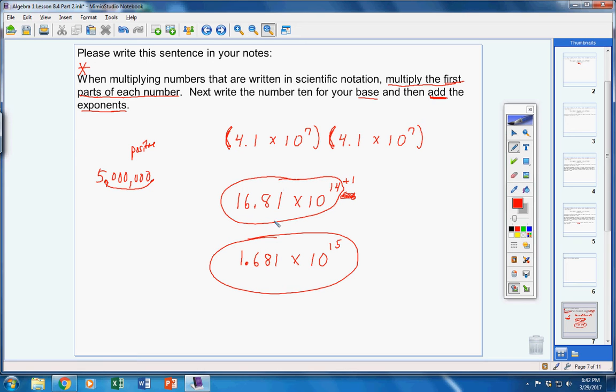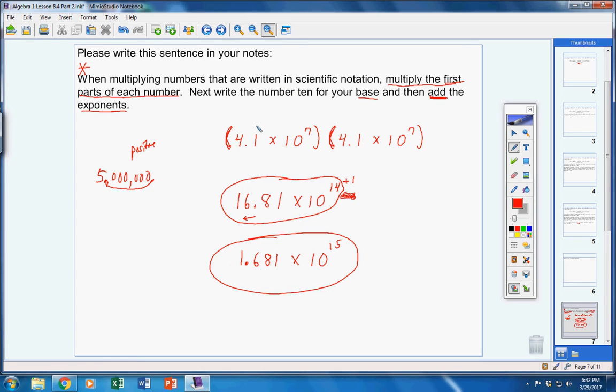Well, it's not, because you have 2 digits, the 1 and the 6, to the left of the decimal. Remember, a number is never written in true scientific notation unless you have 1 number to the left of the decimal. Okay? That's the only examples I'm giving you for multiplying numbers that are written in scientific notation.